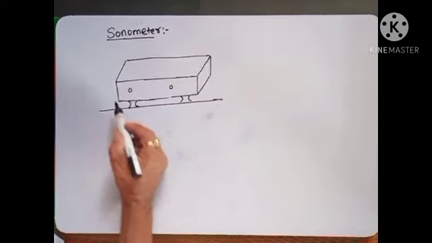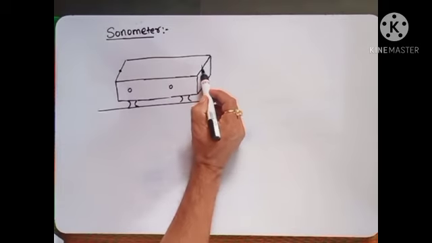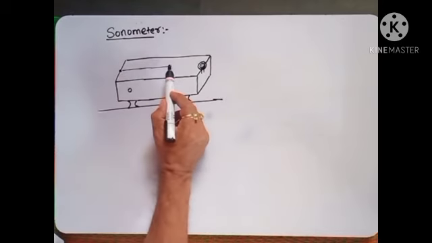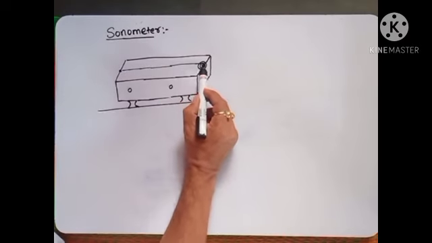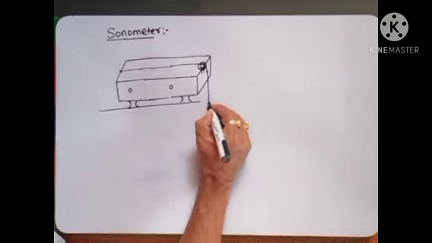Now one end of the string is fixed here, and here we consider one pulley. This is the pulley. Then the string is passed over this pulley, and to the other end there is one hook.